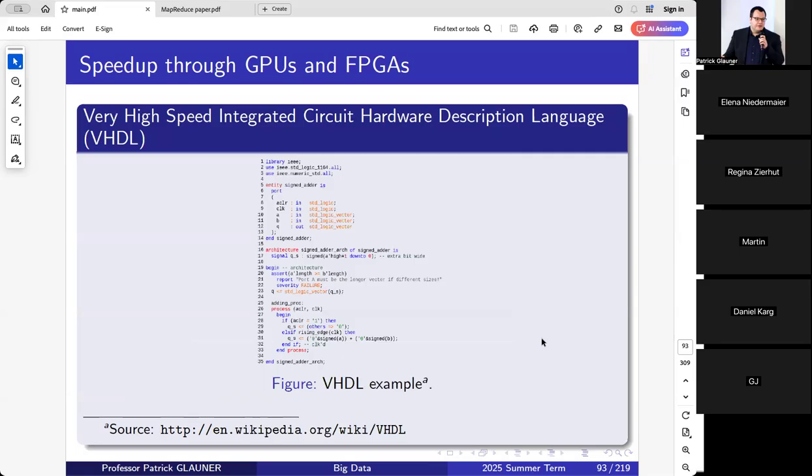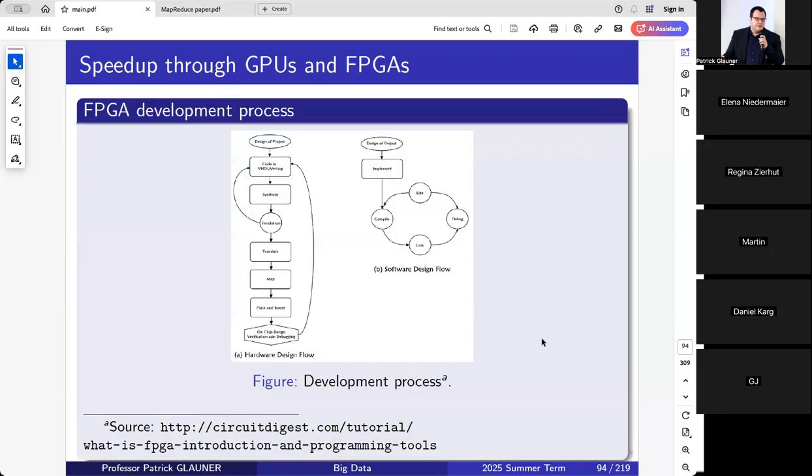FPGAs can be used for lots of different computational tasks, including training neural networks. So what some people are doing now, or have been doing for the last years, is, so you have a GPU. It's still a very generic GPU, like some hardware from NVIDIA, but maybe you build a very custom neural network and you want to train that specific neural network much faster.